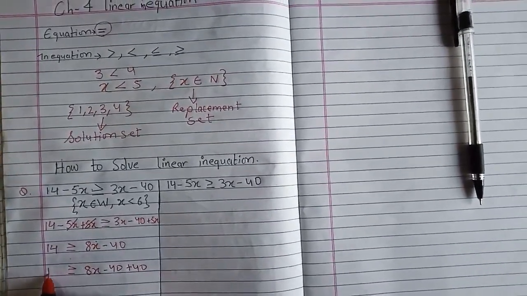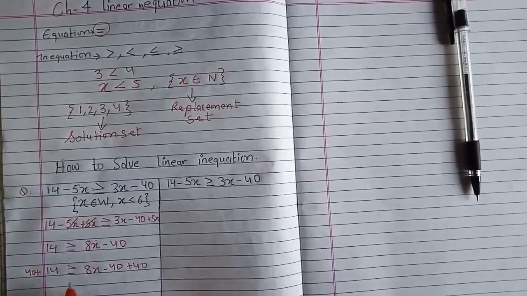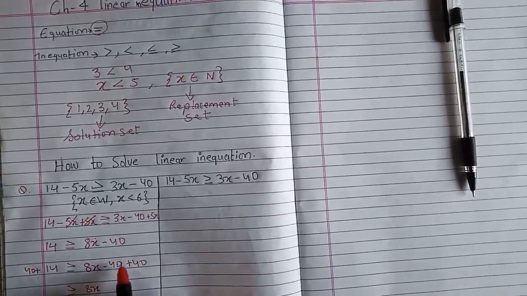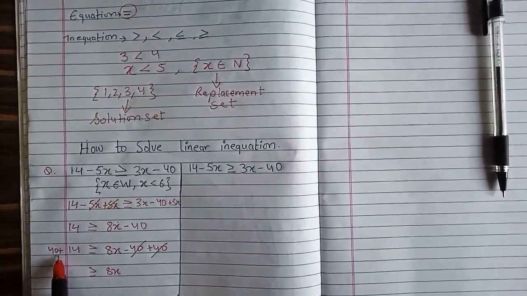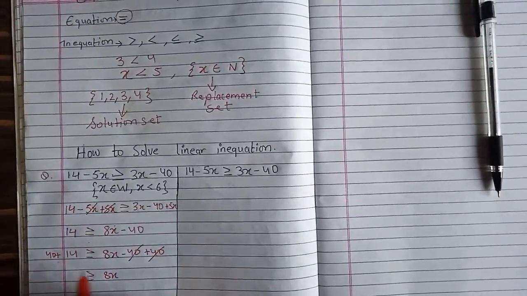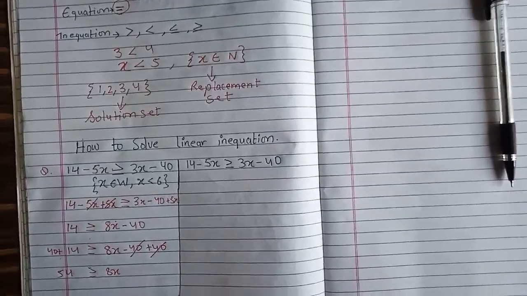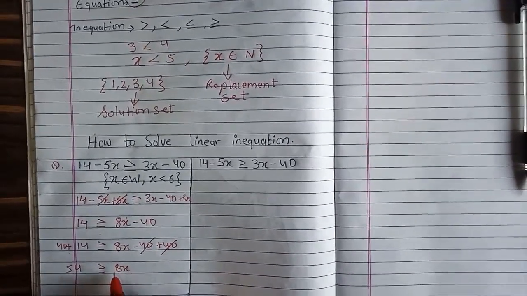Same over here, I'll have to add 40 to 14. So what will I get? I'll get 8x over here, and 40 and 40 get cancelled out. What is left? 40 plus 14 is 54. There is still one thing that is disturbing me. 8 is getting multiplied.